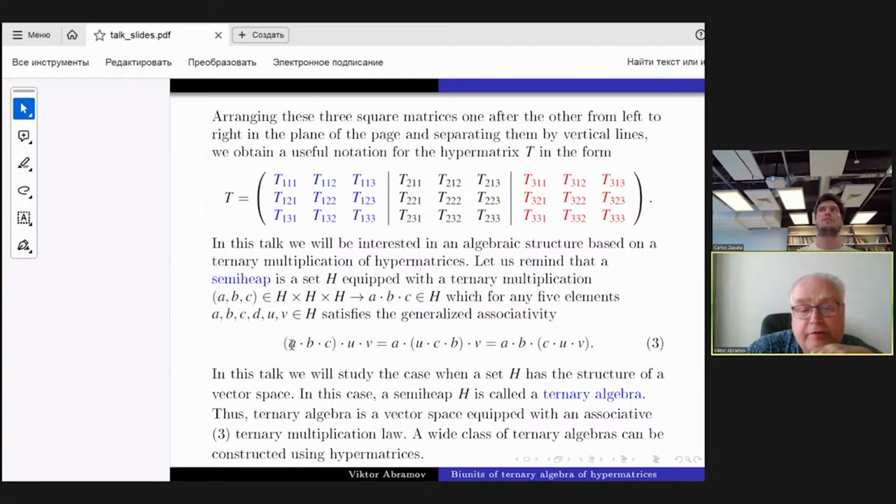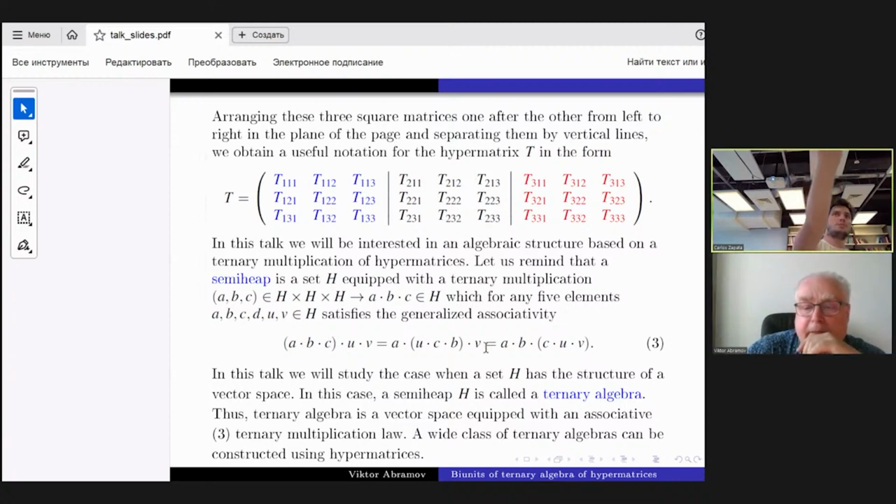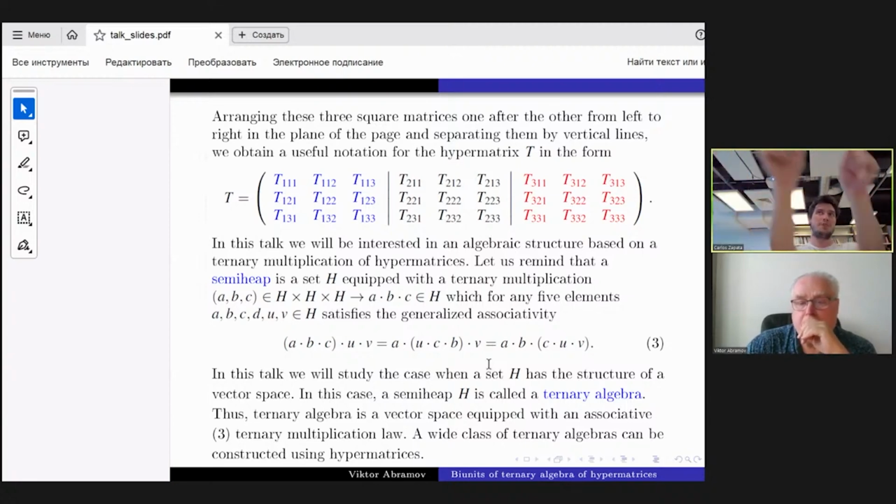But look, when you shift these brackets to the middle, then the second and fourth should be interchanged. So the left side is ABC UV, the right side is ABC UV, but in the middle you have UCBV, right? So U and B are swapped.